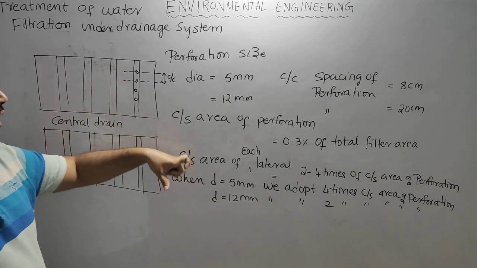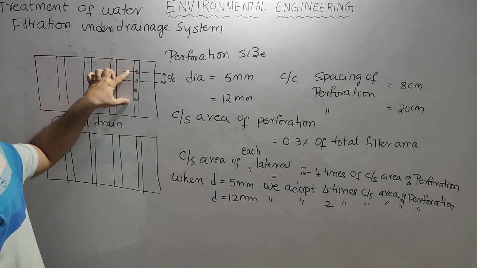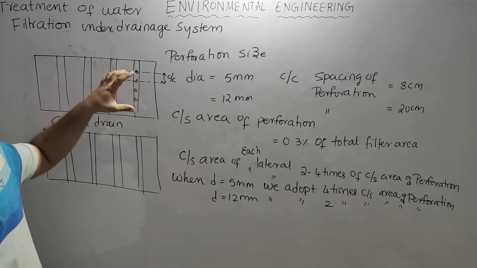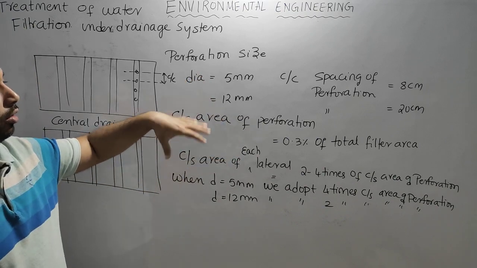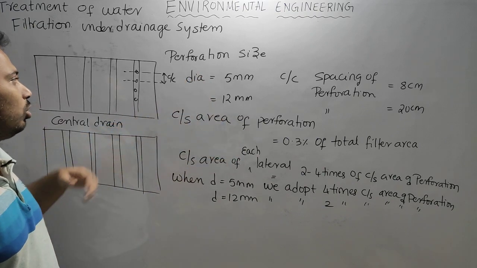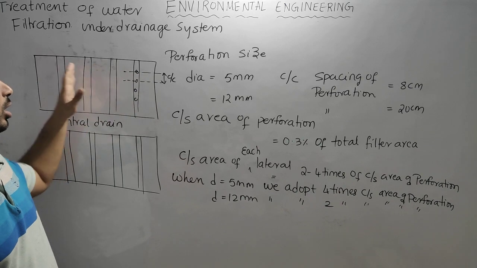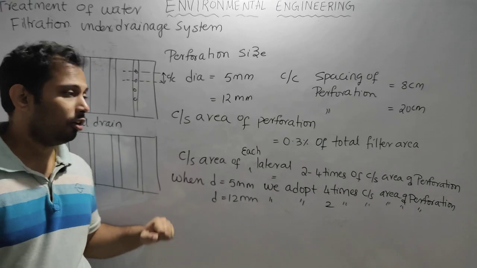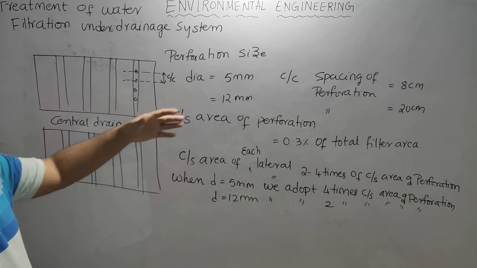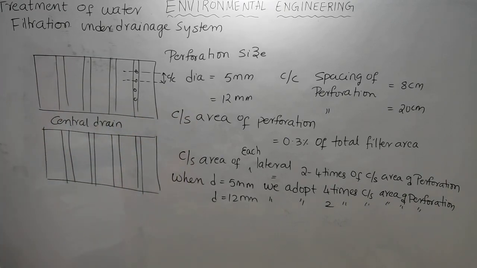If one lateral gets this many perforations, then to accommodate the n number of perforations we have already determined, we find how many laterals are needed on one side and on the other side, using the total number of perforations necessary.